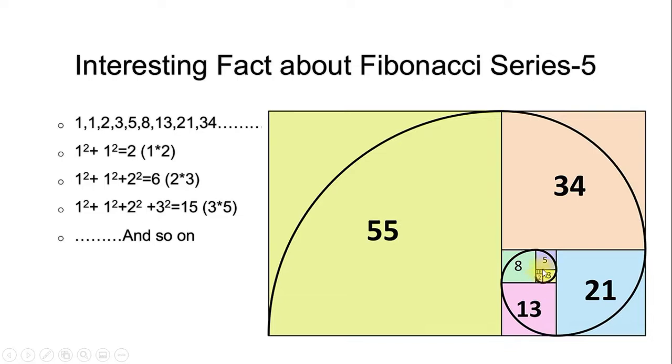So the area of the rectangle becomes 6, and that is what mathematically is coming out: 1 square plus 1 square plus 2 square equal to 6. Now if we add a square of 3 to it, as you see in the diagram, 1 square, 1 square, 2 square plus 3 square, what we get is one side is 5 and another side is 3. So 5 into 3 equal to 15, and it goes on like this.